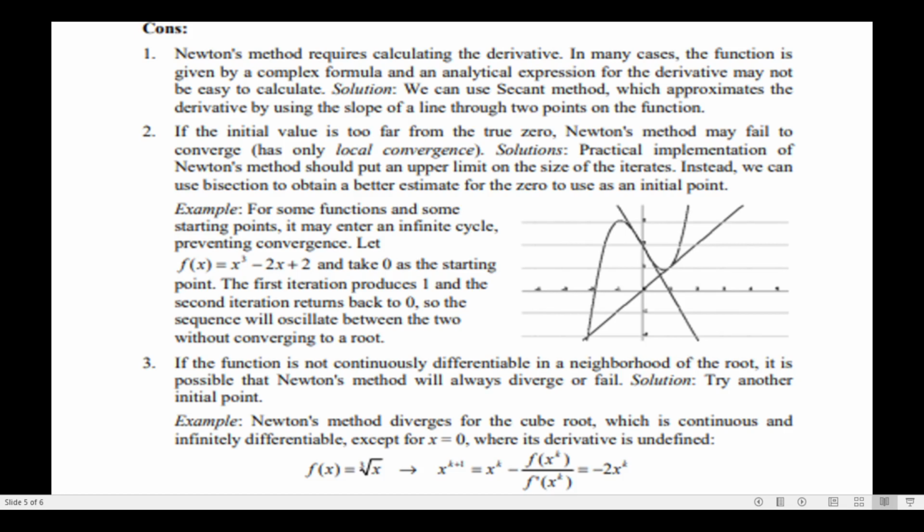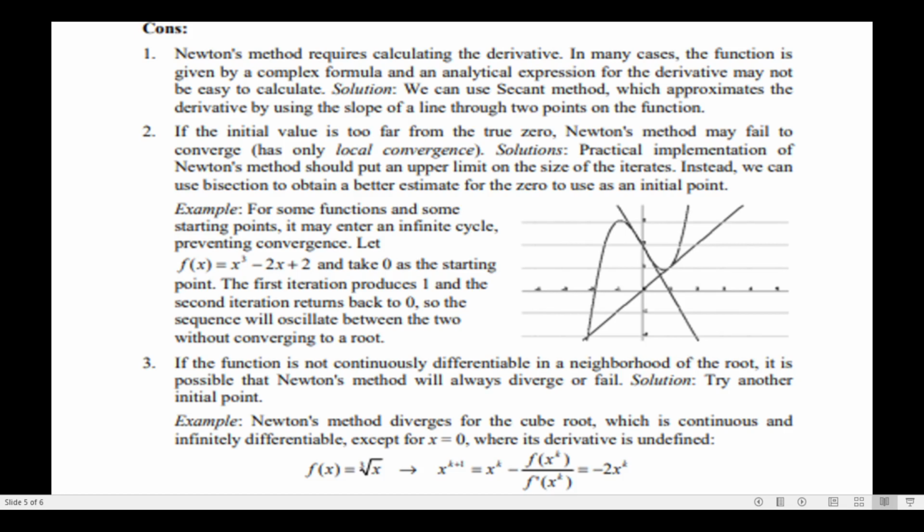Another con is if the function is not continuously differentiable in the neighborhood of the root. Neighborhood of the root means that, at that root, if you take the interval with a few points on the left side and a few points on the right side, we consider that the neighborhood of the root.